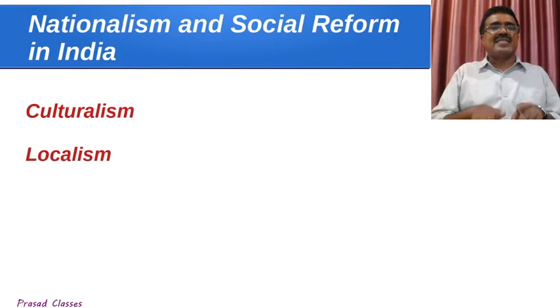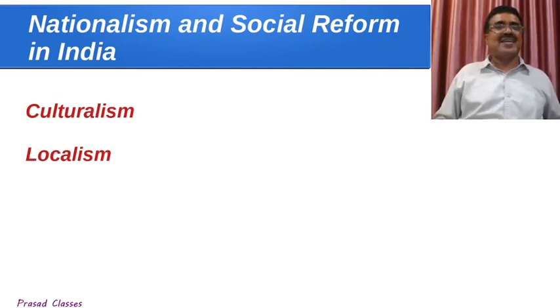That is, culturalism tries to unite, but at the same time their diverse nature also comes into play, because culture is local in some sense. They tried to infuse pan-Indian cultural values and ethos, but at the same time, culture was local. Culture is local.